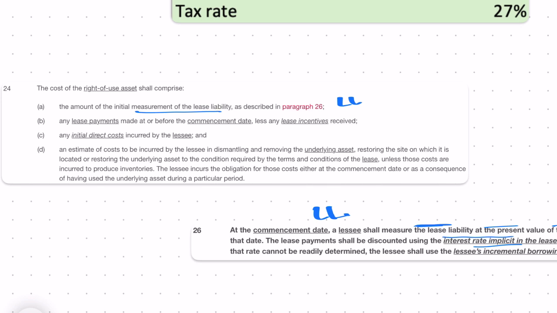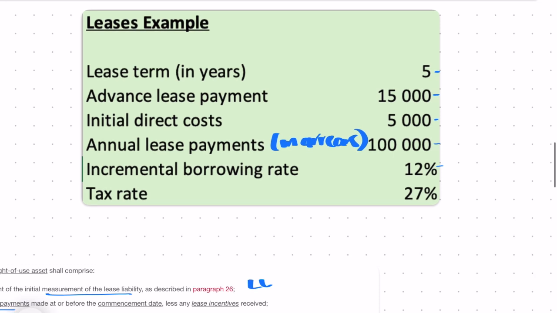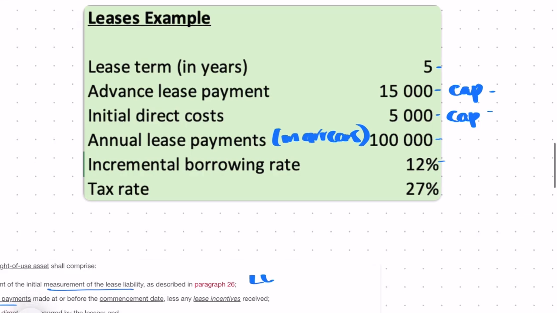But we're also going to capitalize any lease payments that have been paid before that time and any initial direct costs. I'm highlighting this specifically because that means for our question here, the 15,000 is going to be capitalized to the right of use asset, and the initial direct costs are going to be capitalized to the right of use asset as well.